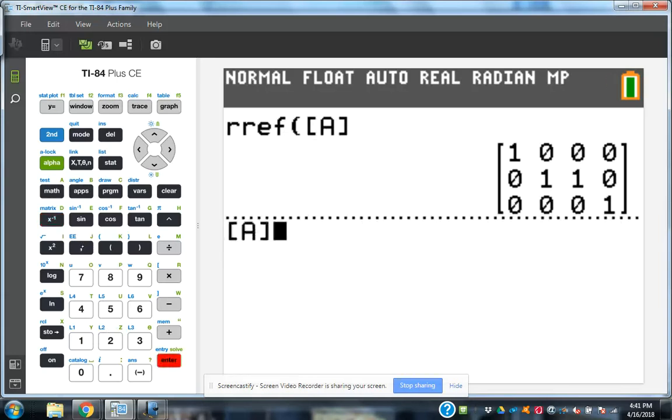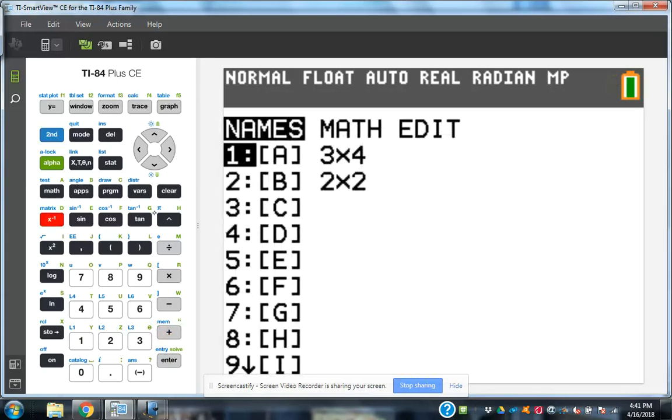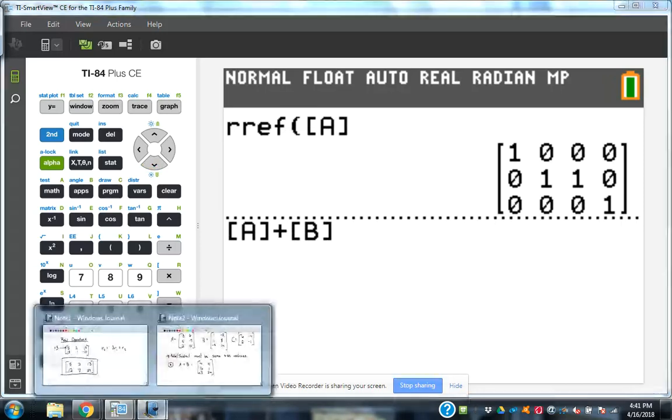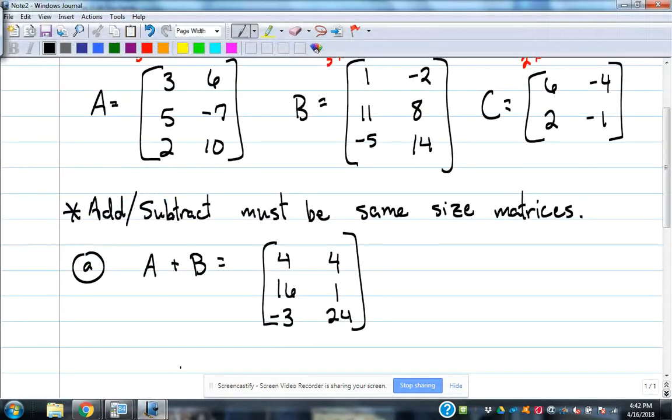You would pick up matrix A plus second matrix, and then after you had entered in matrix B, hit enter, and it would crank out that exact matrix that we've got right there. I don't usually do addition in the calculator just because by the time I've typed it all in, I could have just added the numbers myself. It just takes me longer to type them. You may feel more comfortable doing that with the calculator, and I'm fine with that. It doesn't matter to me.